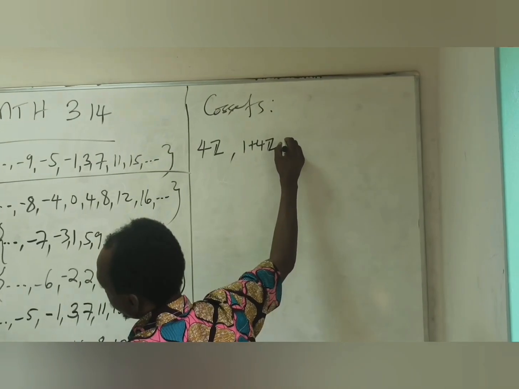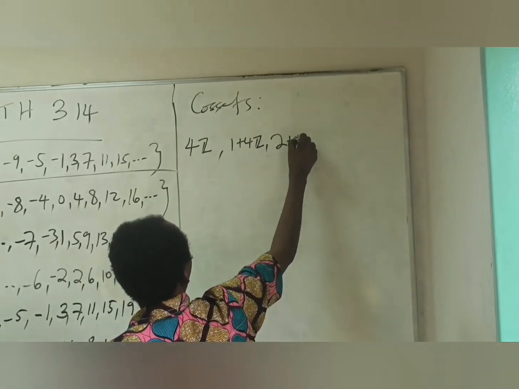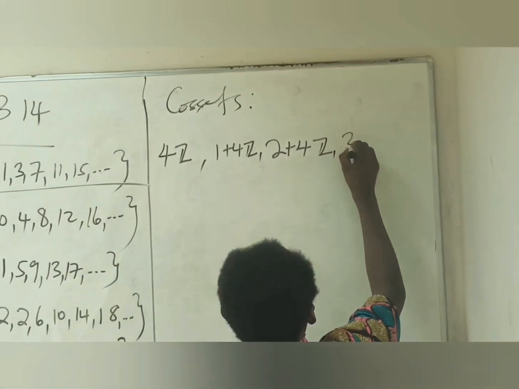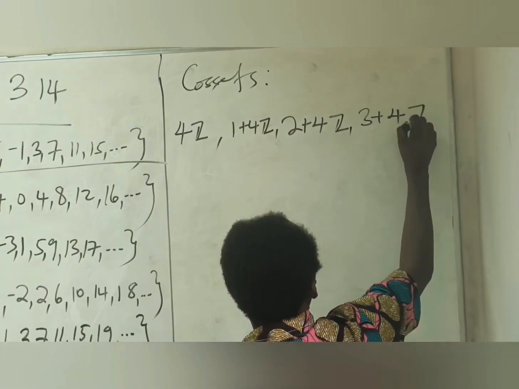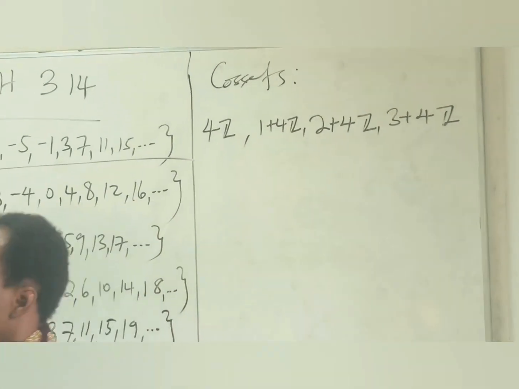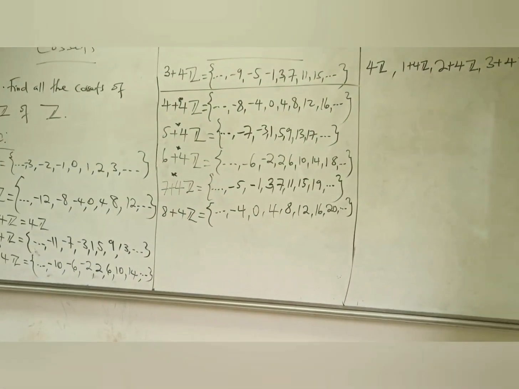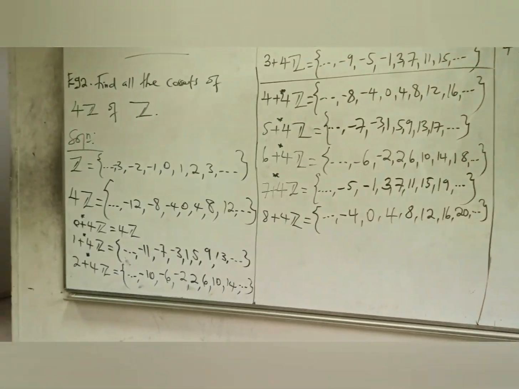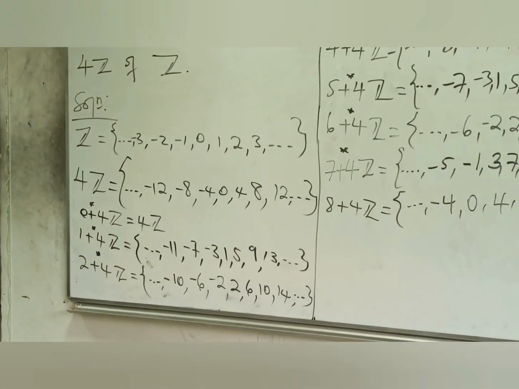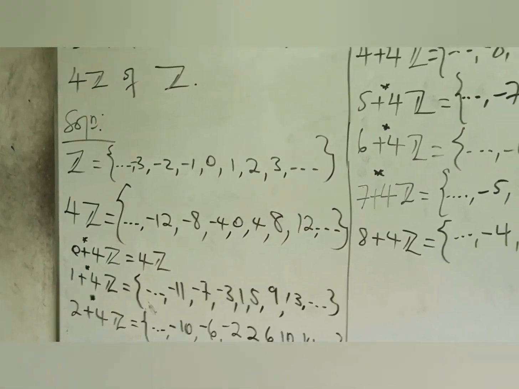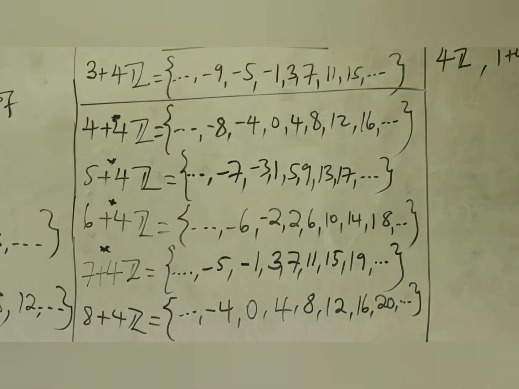Yes. 2 plus 4z, 3 plus 4z. Every other thing you do will get one of them. If you continue extending, you'll be arriving at them. Any question?